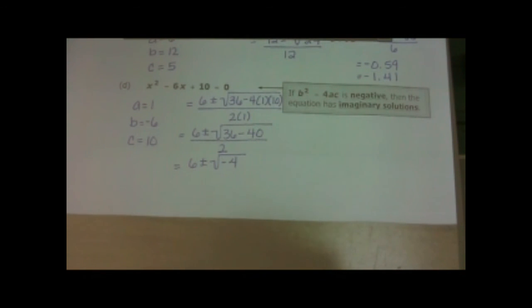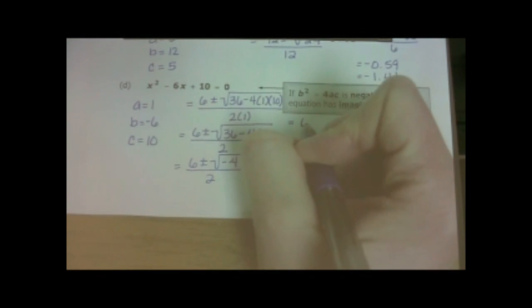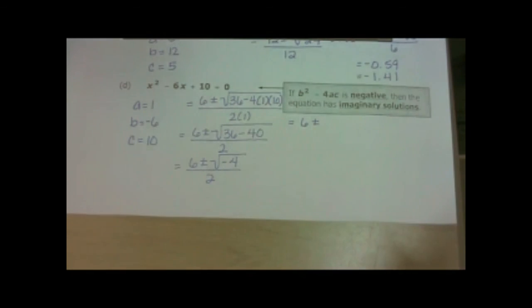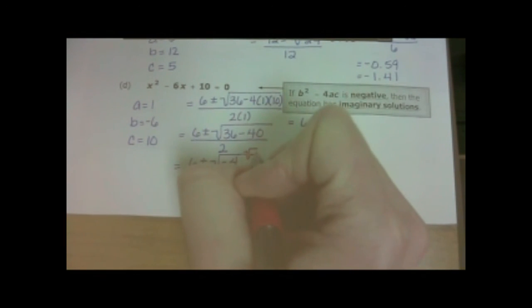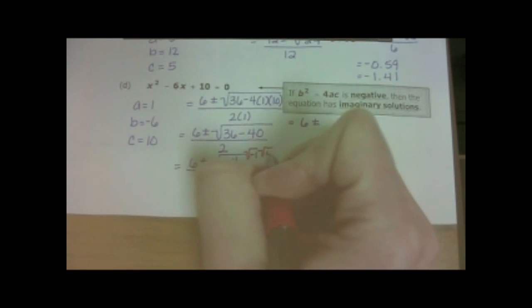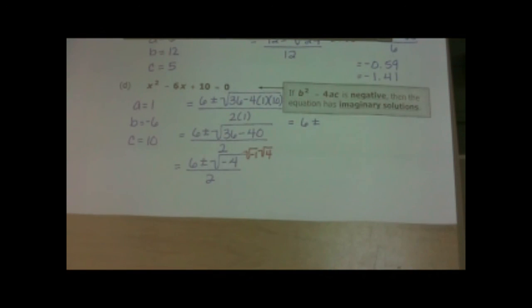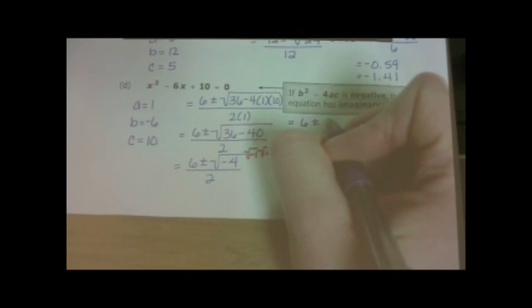This is going to be an imaginary number solution. All right, so now divided by 2, and let's simplify. So 6 plus or minus, remember, square root of negative 4 is the square root of negative 1 times the square root of 4. The square root of negative 1 is I. Square root of 4 is 2, so plus or minus 2I, all over 2.